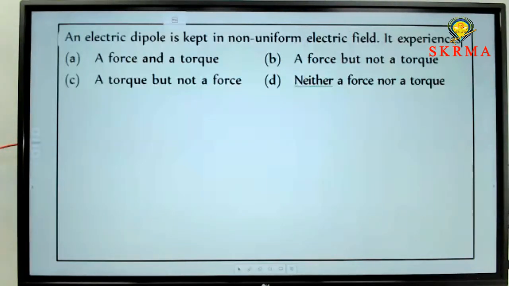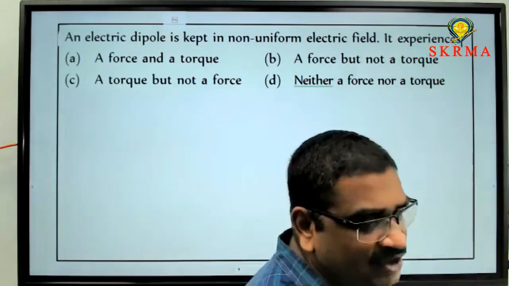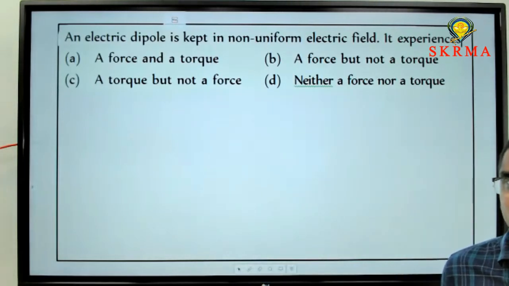An electric dipole is kept in a non-uniform electric field, then it experiences: a force and torque, a force but not torque, a torque but not force, neither a force nor a torque. Which option is correct? Is it non-uniform or uniform? Non-uniform. The dipole is placed in a non-uniform electric field.